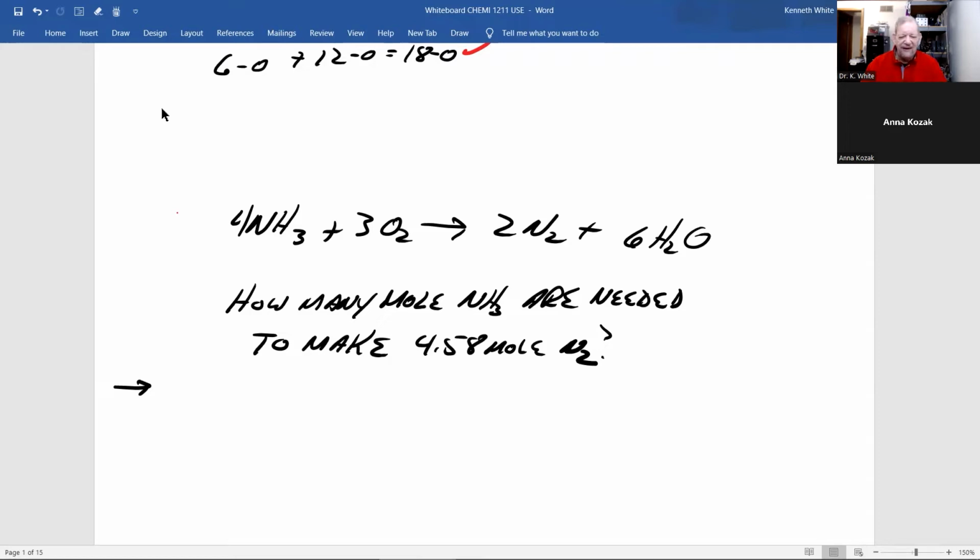All right. So we're being asked to find how many moles of ammonia. What are we given? This number. And we're also given the balanced chemical equation.